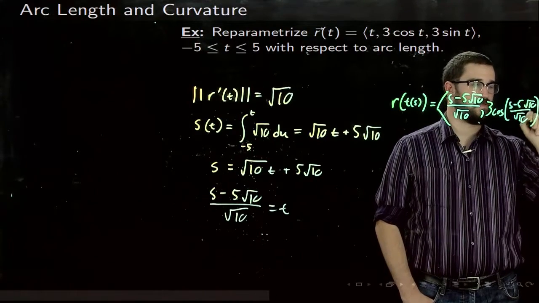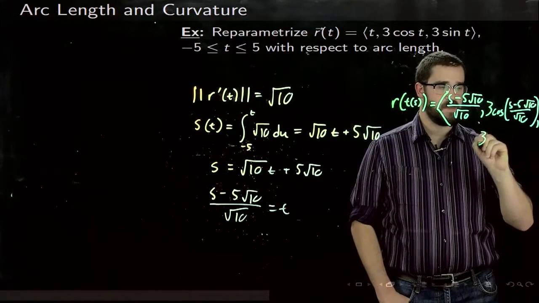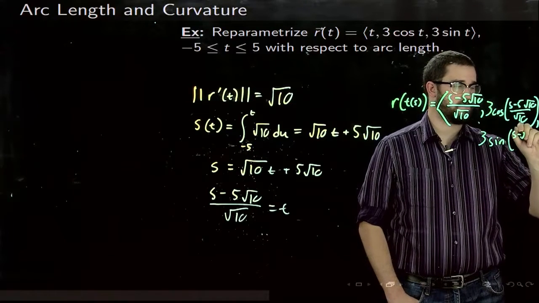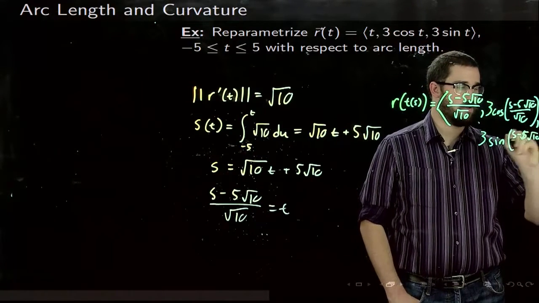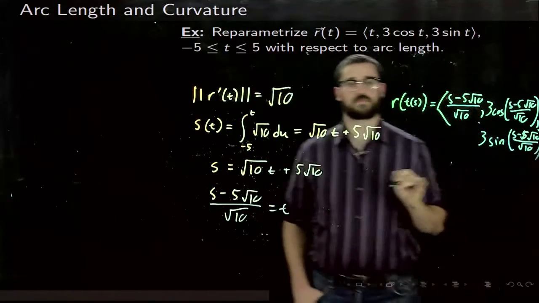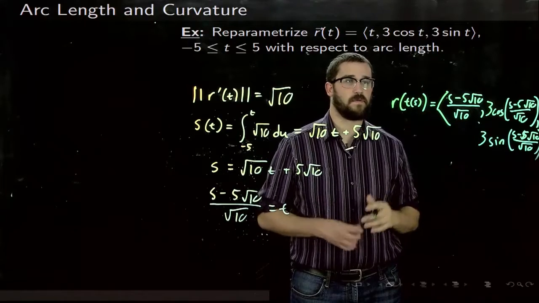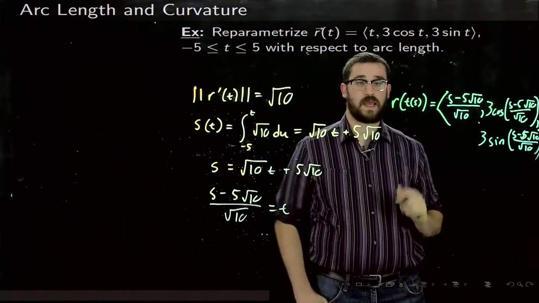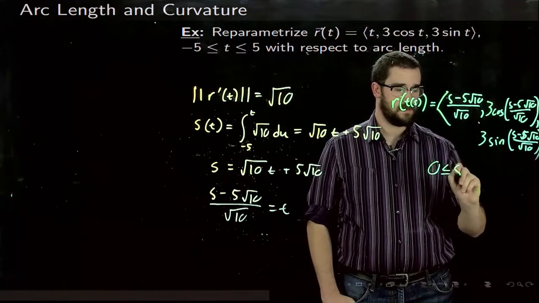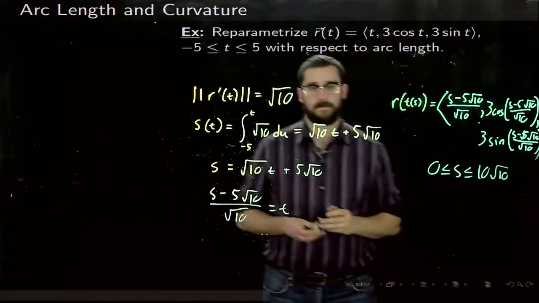And since I'm running out of room, comma, this is bad notation, but 3 sine of s minus 5 root 10 over root 10. And that is going to be our arc length parameterization. And s would be between 0 and 10 square root of 10.